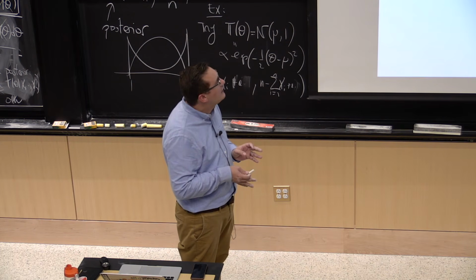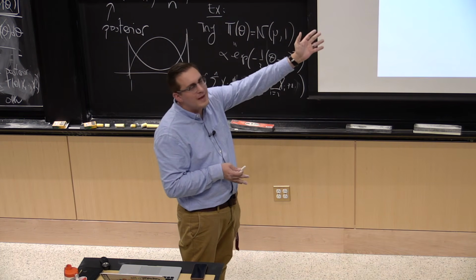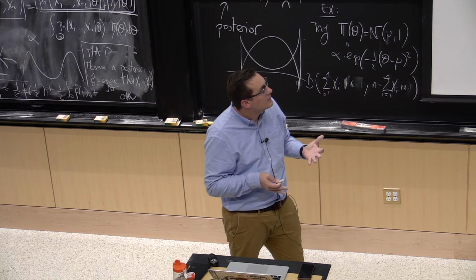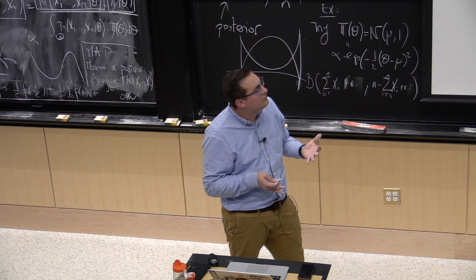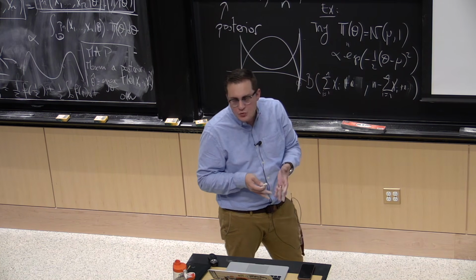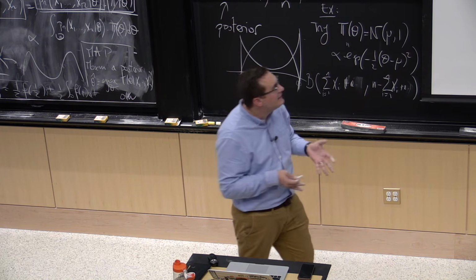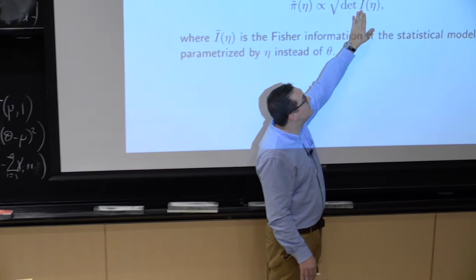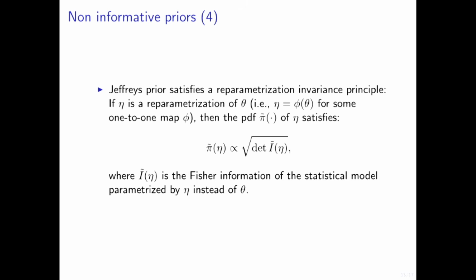And so you need to have a one-to-one map, where for each parameter before you have another parameter. So let's call eta the new parameter. Then the PDF of the new prior indexed by eta is also Jeffreys prior, but this time the Fisher information is not the Fisher information with respect to theta, but the Fisher information associated to the statistical model indexed by eta.